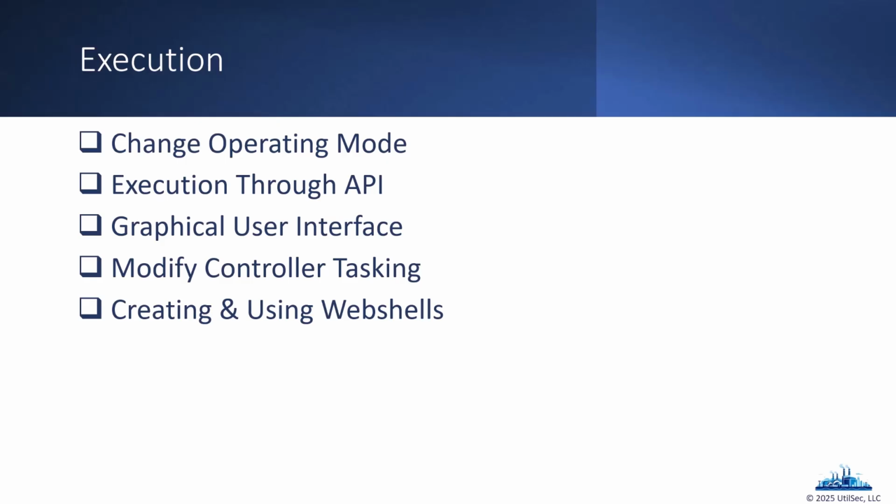We'll talk about making changes through a GUI like the HMI, how we can make changes to controllers, and how controllers like PLCs go through their process to, well, remember, monitor and control the process and the environment. And then we'll talk about how we can create and use different web shells as well to manipulate different types of systems in the environment. And so these are probably some of the more common techniques that we see used in the environment from an execution standpoint.